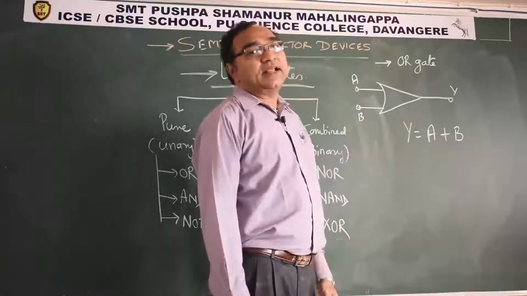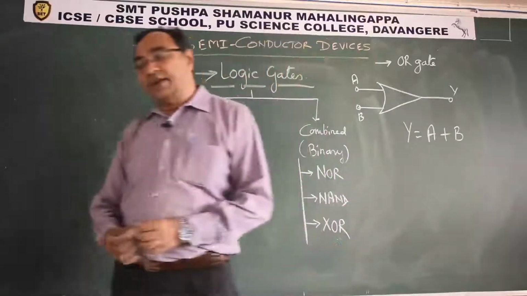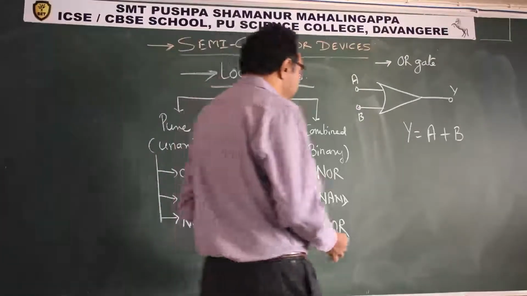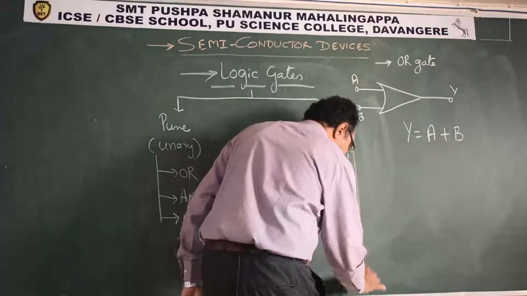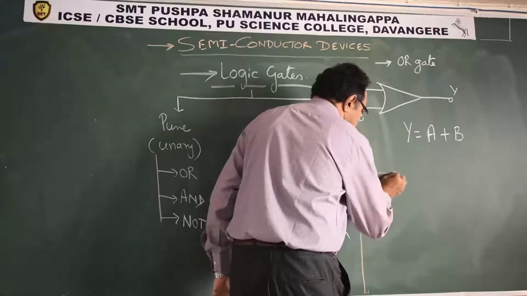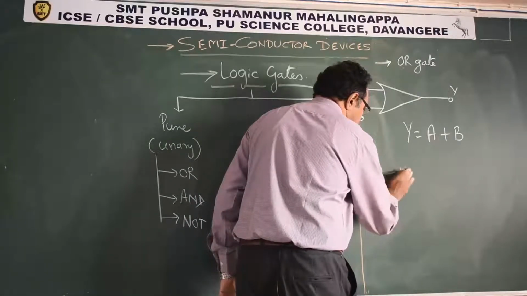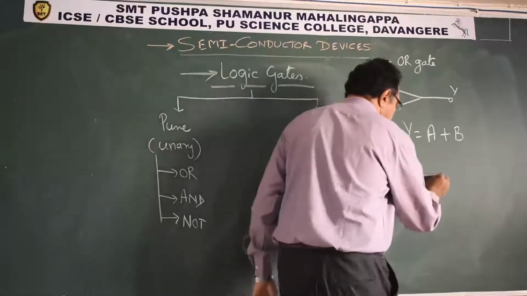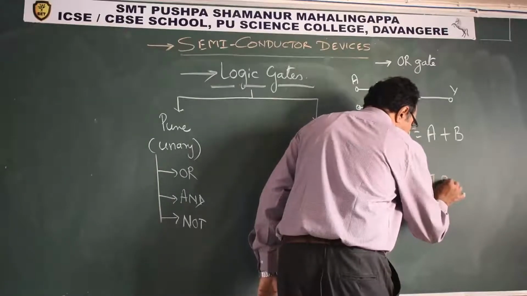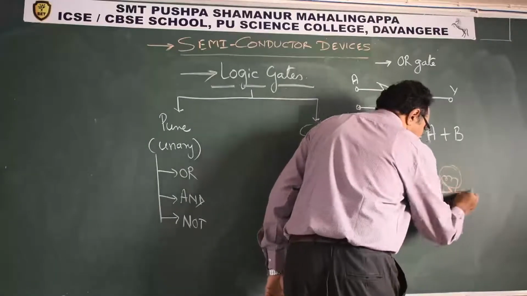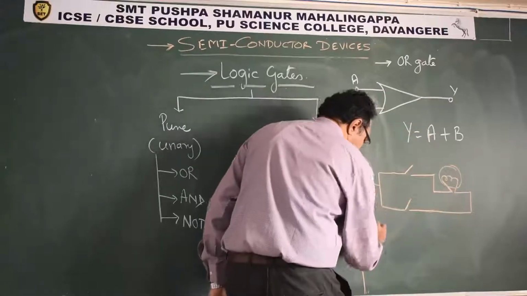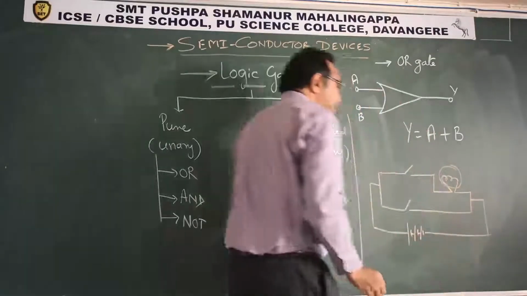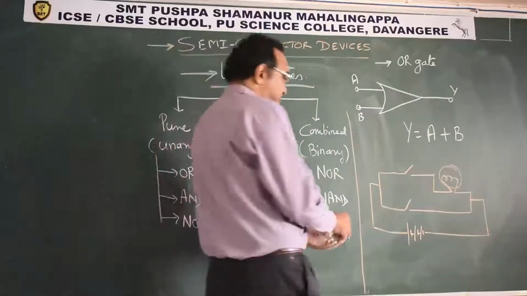Now, where do we see this thing in daily life? See, I'll devise one circuit diagram just to give you a feel of how we use this in daily life. See, OR gate. We have a simple circuit diagram like this.